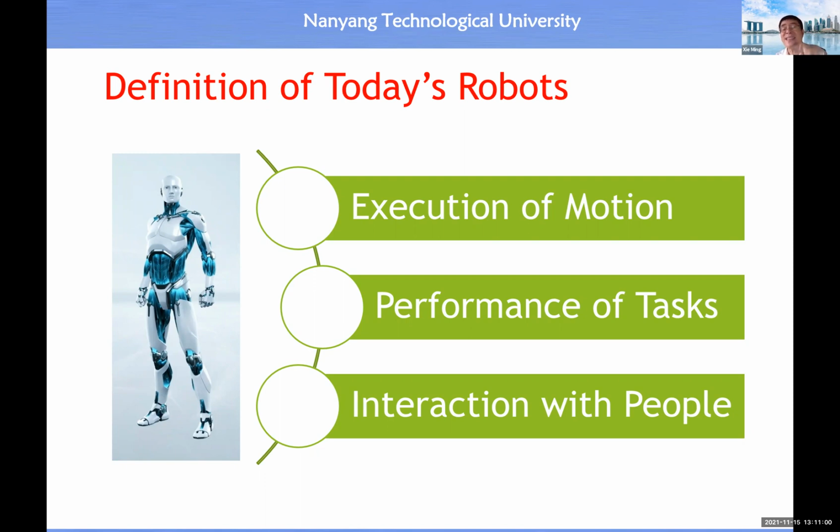level, because interaction at the signal level is easily achievable. But for interaction at the cognitive level, that will be a challenge. Today it is still a challenge for us to make a breakthrough.